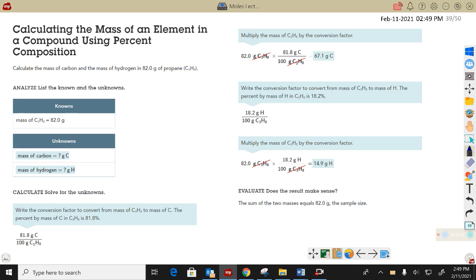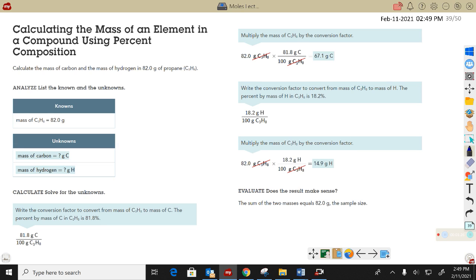Here they're using percent composition as a conversion factor, where if you knew that propane was 81.8% carbon by mass, which in a previous problem we had calculated, you could say that there would be 81.8 grams of carbon for 100 grams of propane, C3H8.